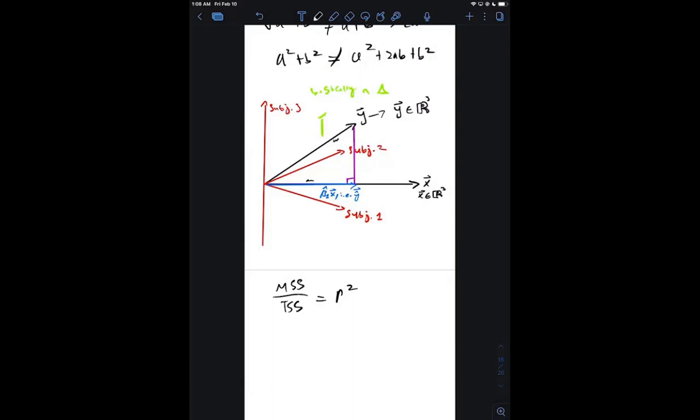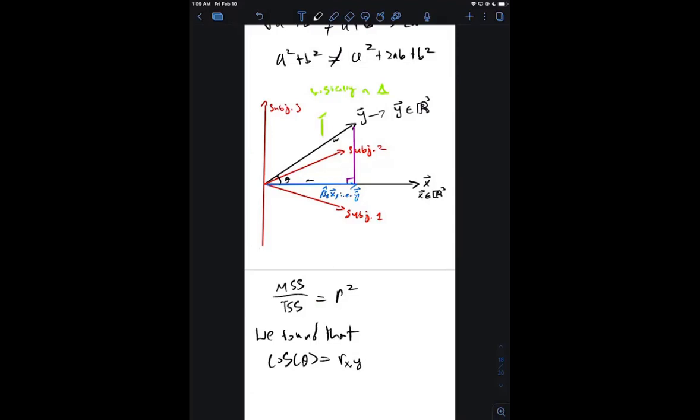So here's this really interesting fact. Note that if you look at this figure here, we have a right triangle. And so before, remember that we found that the angle theta here, the cosine of theta, is equal to r xy.